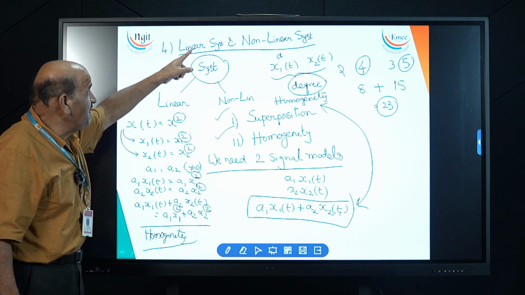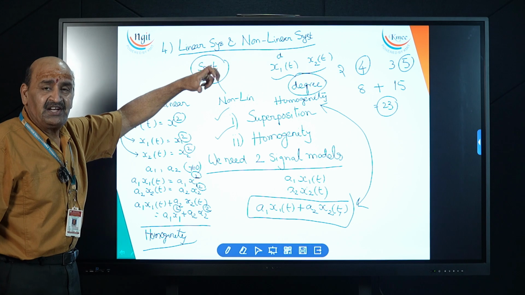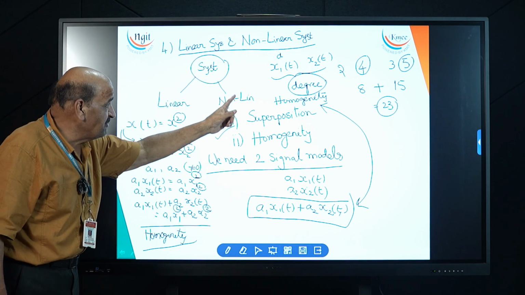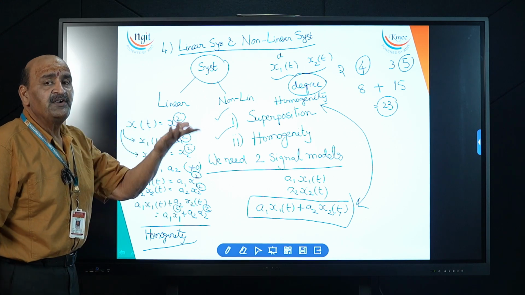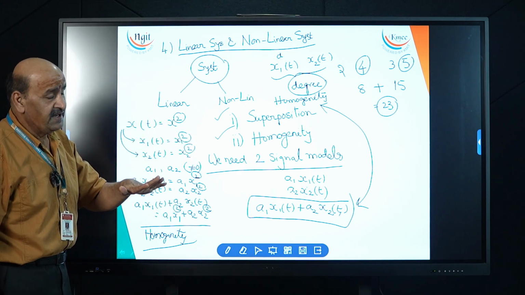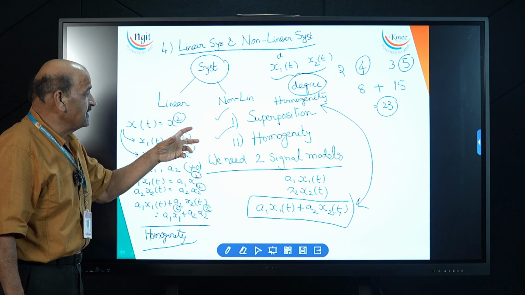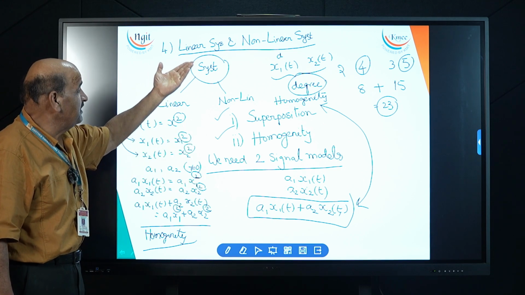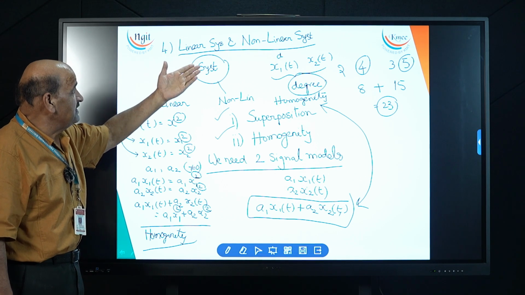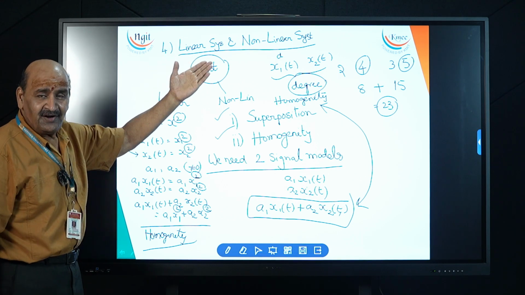Before going for verification of linearity and non-linearity of systems, students have to observe these two important principles in the beginning. Now there are some working examples on this. In the next session we are going to determine whether the system is linear or non-linear. Thank you.